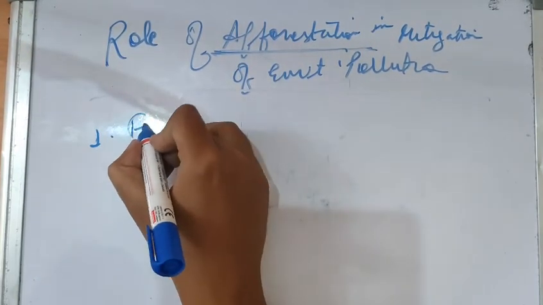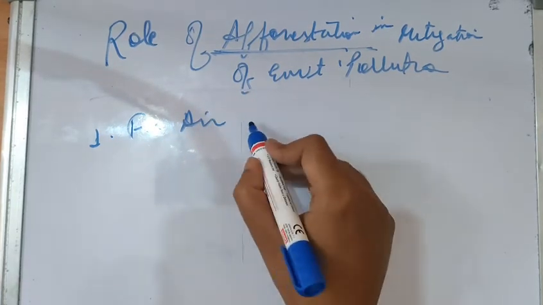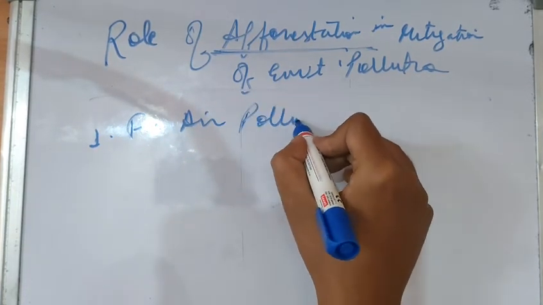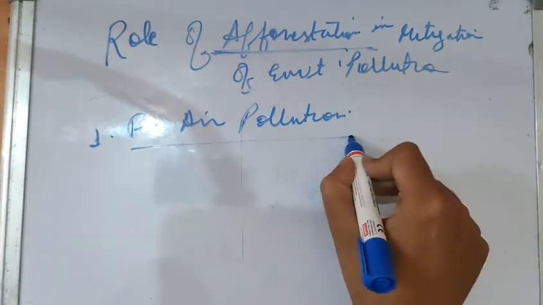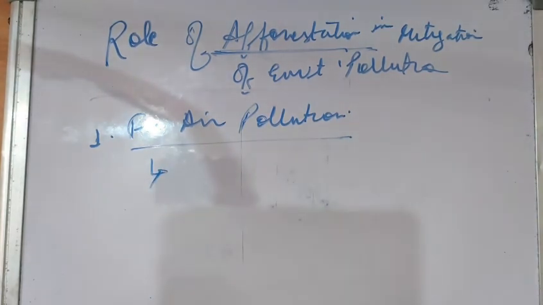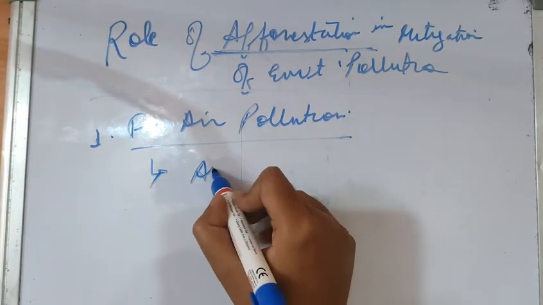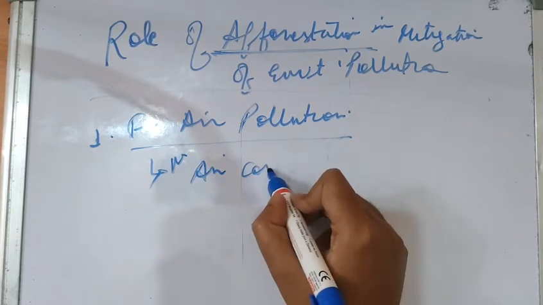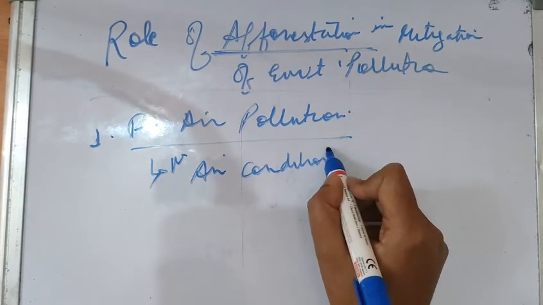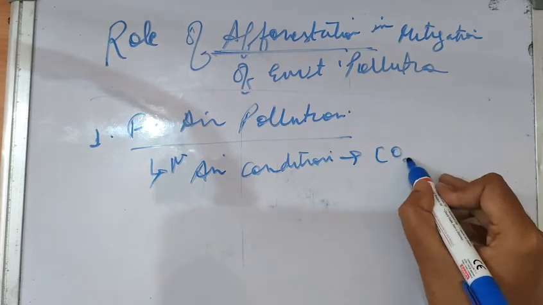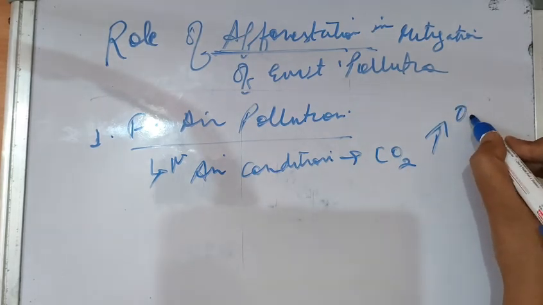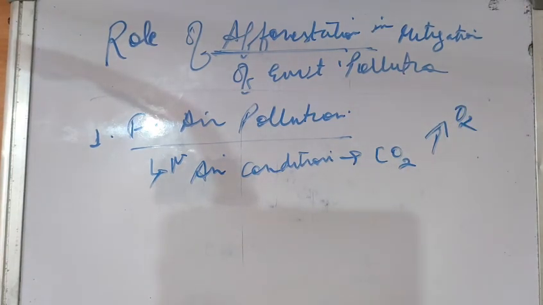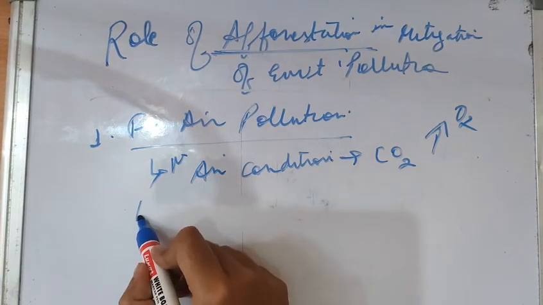First of all, for air pollution, how afforestation helps. Forests act as natural air conditioners by taking in CO2 and releasing O2. So they are natural air conditioners, they are natural filters.